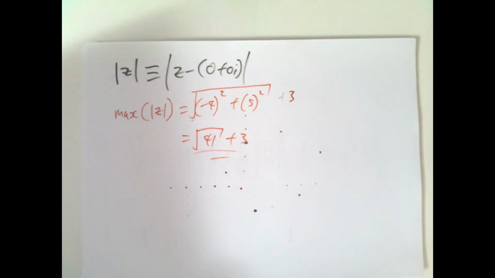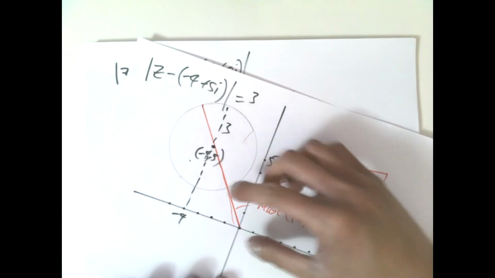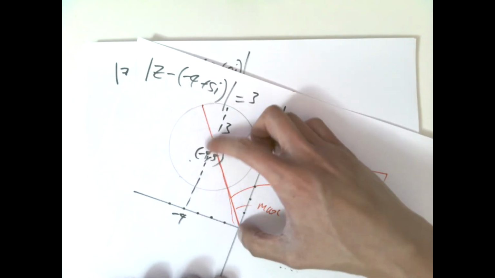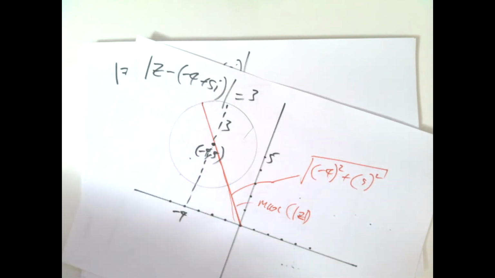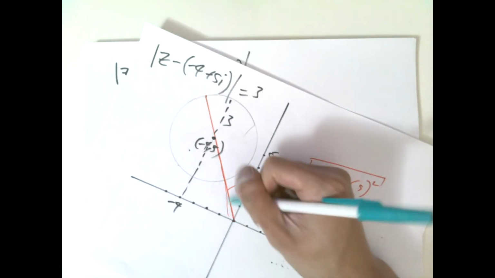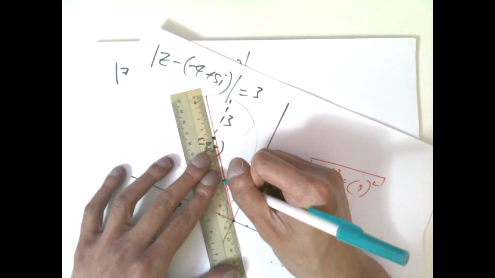For the minimum value of z, because the maximum value of z goes all the way from the origin to the center of the circle plus the radius of 3, the minimum value of z is only going to be from the origin to simply just touching the circumference of the circle.